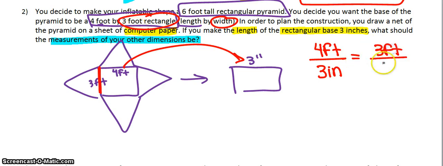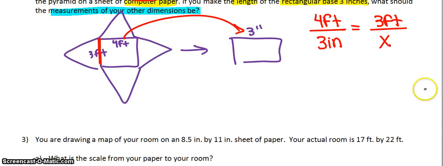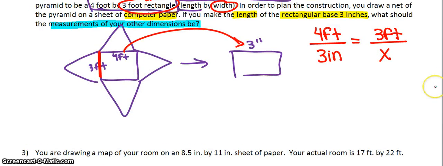I don't know how many inches to draw that as on the paper, so I can set up a proportion to solve this. Okay, or I can also solve a proportion to figure out how tall I should draw the shape on the paper. So my scale is still every 4 feet corresponds to 3 inches on the paper, because that was the piece of information I had.